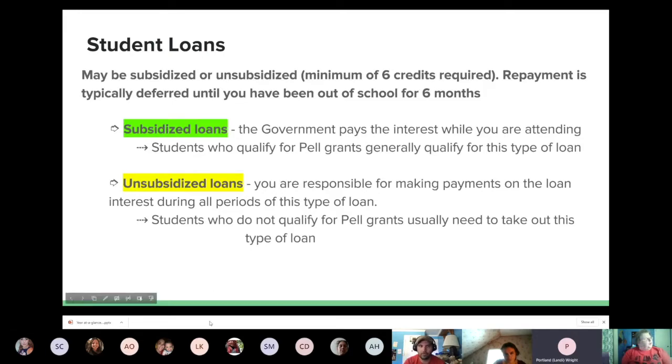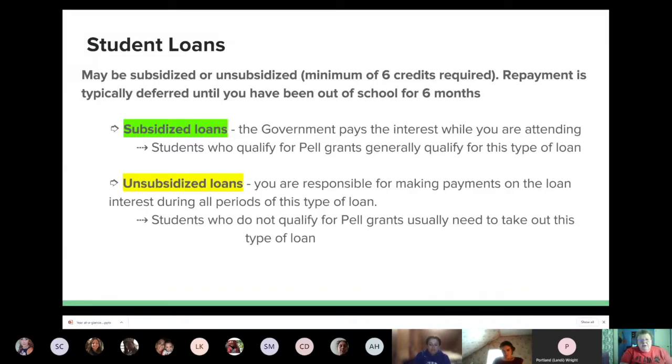So I knew we had something about subsidized. I've already mentioned this, but it's worth mentioning again. Student loans may be subsidized or unsubsidized. You need a minimum of 6 credits to be able to access loan money.